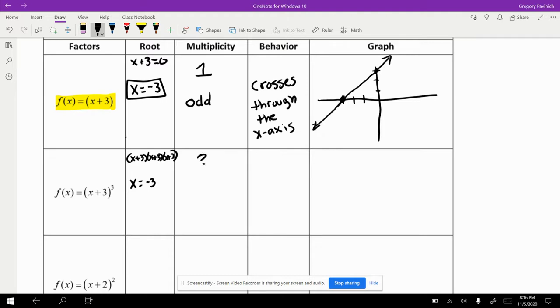The multiplicity is it occurred 3 separate times, even though the x-intercept is the same. Its 3 is still odd, so we say it has an odd multiplicity, so it's still going to cross through the x-axis.